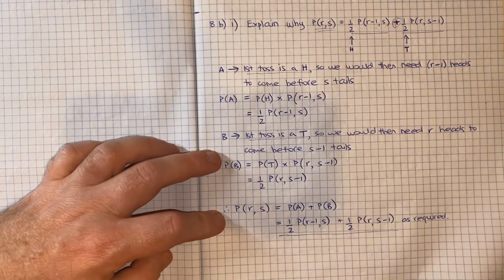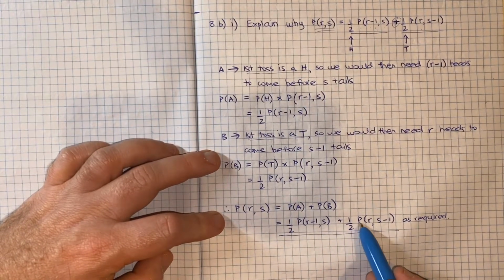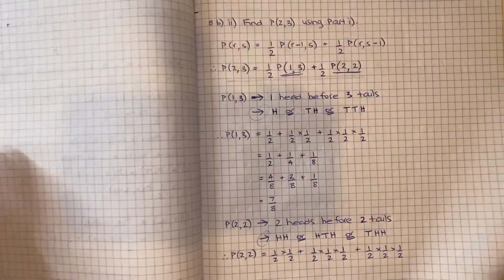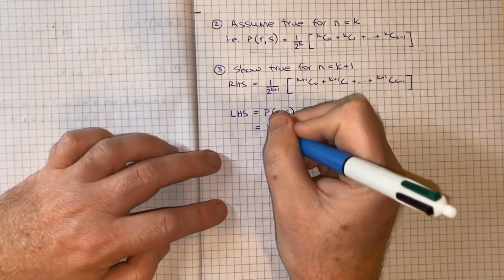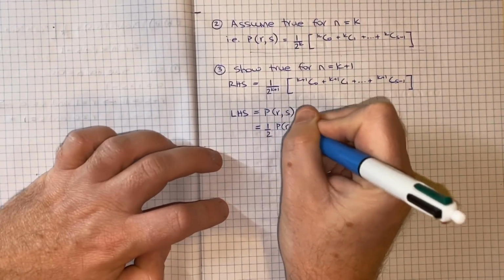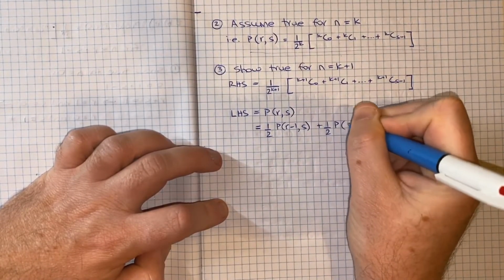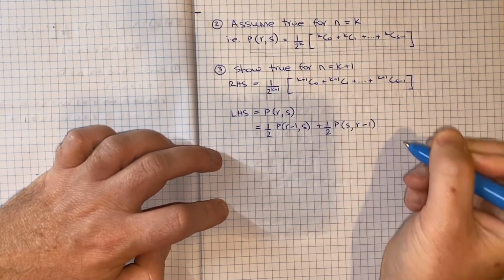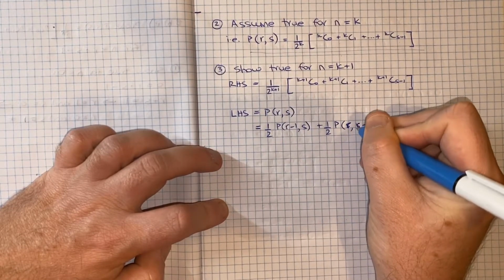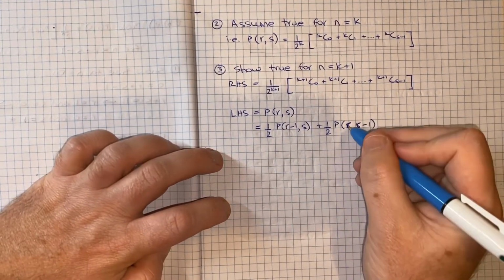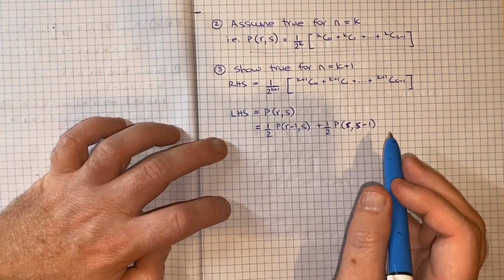And so I think we can make use of that. So it's a half P(r minus 1, s) plus a half P(r, s minus 1). So let's throw that in. So this will be a half P(r minus 1, s) plus a half P(r, s minus 1). So that's the part 1 relationship.